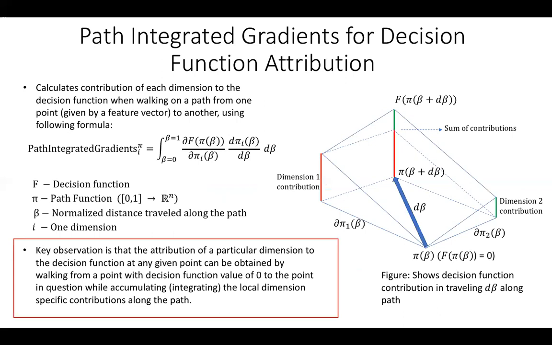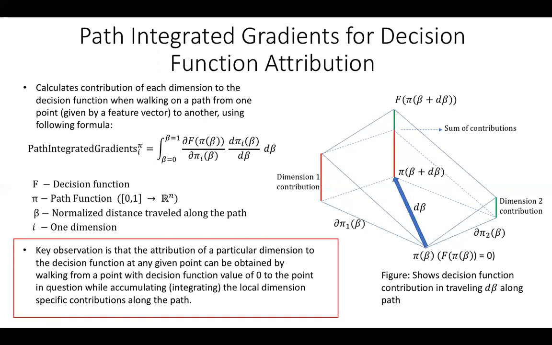The main idea of the integrated gradients algorithm is best understood by this visualization here. Here we show an incremental path element, d beta, along which we are traveling. Assume the decision function at the beginning of the path element is f of pi of beta. At the end of the path element, it is f of pi of beta plus d beta.